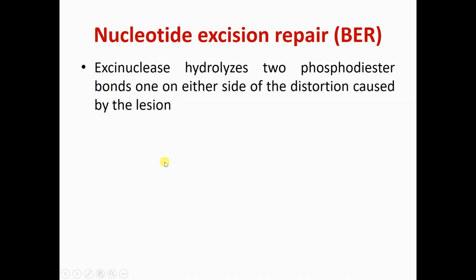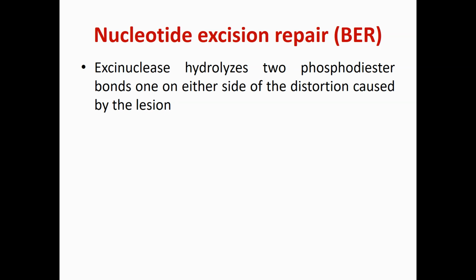Endonuclease can act only on bonds that are present inside the DNA strand. Exonuclease can act only on the ends of the strand. But excinuclease can hydrolyze two phosphodiester bonds, one on either side of the distortion caused by the lesion.